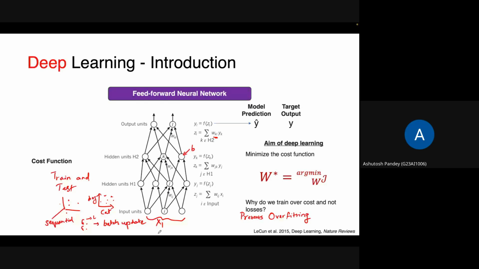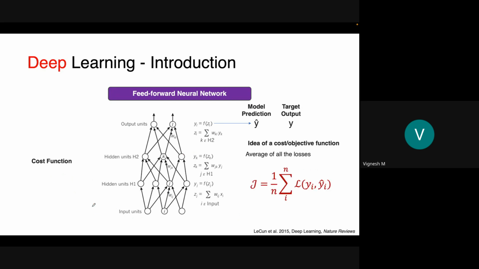So batch update isn't cost, in the sense that it does take into account the cost, because it takes into account these individual losses. So look at what the formulation for the cost is.